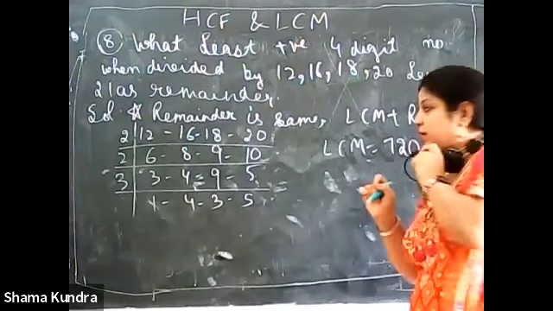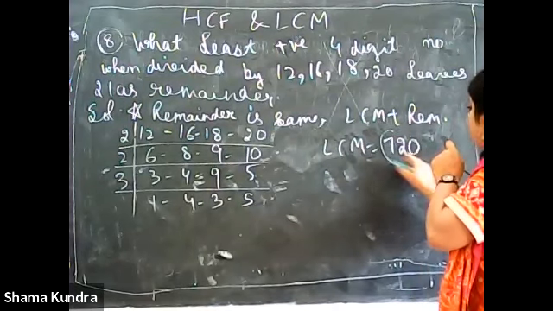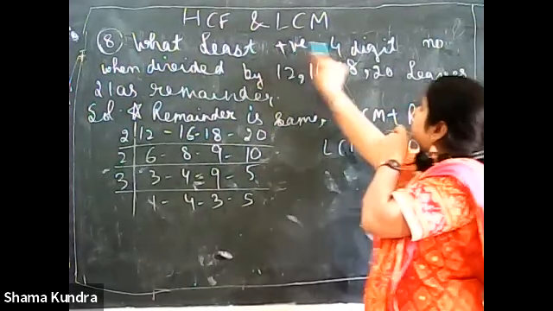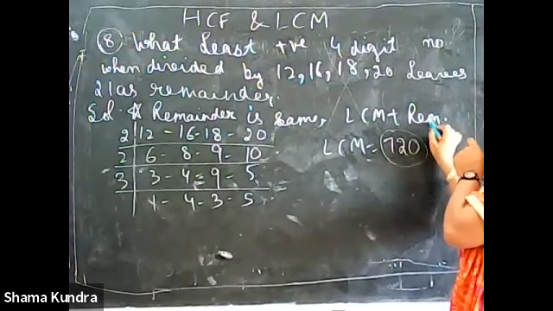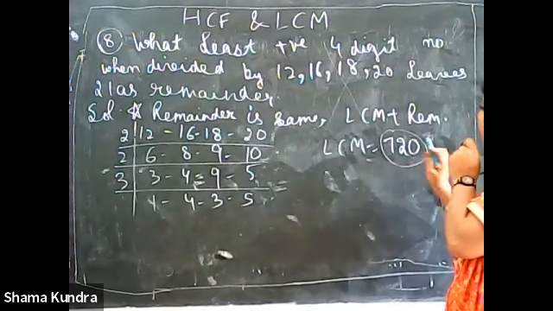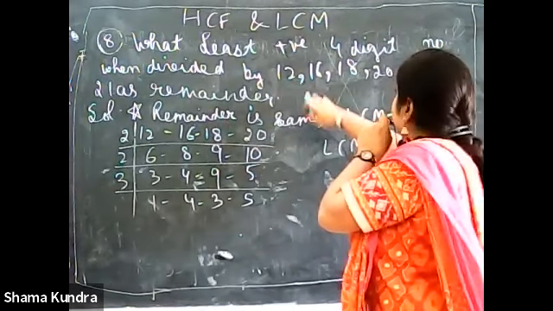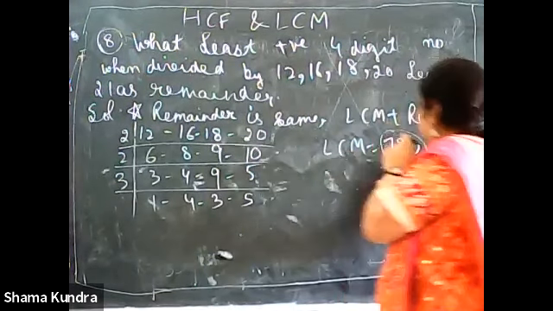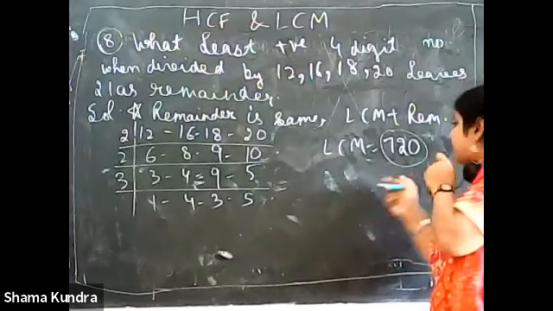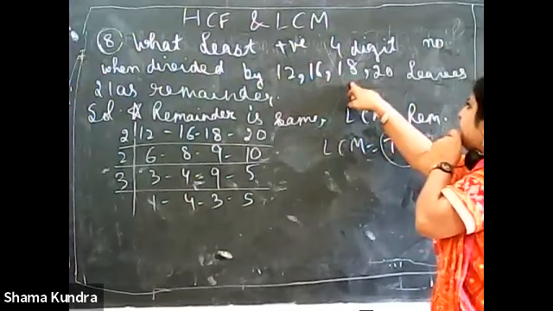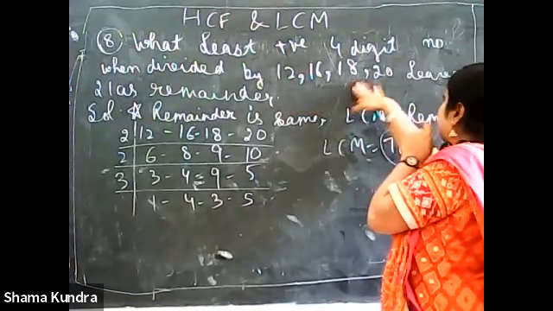But remember one thing: before adding the remainder, the number should be a positive 4-digit number, but 720 is a 3-digit number. You have to make it a 4-digit number before adding the remainder. Since 720 is the LCM of these four numbers, a multiple of 720 is also a multiple of 12, 16, 18 and 20.